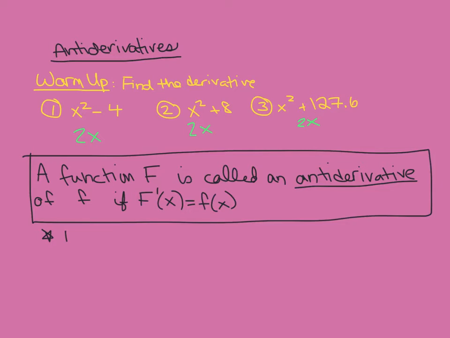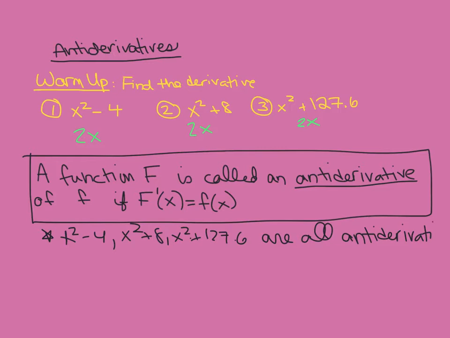So all of those things, x squared minus 4, x squared plus 8, x squared plus 127.3, those are all antiderivatives of 2x. So basically, an antiderivative is what you get when you go in the opposite direction of taking the derivative.